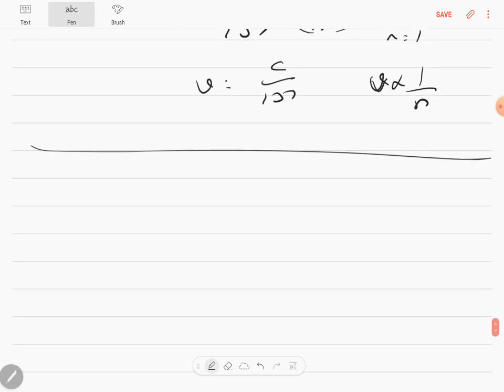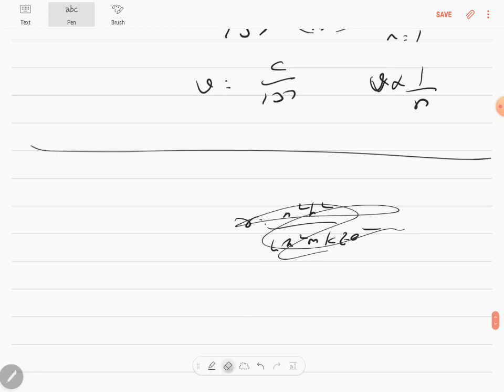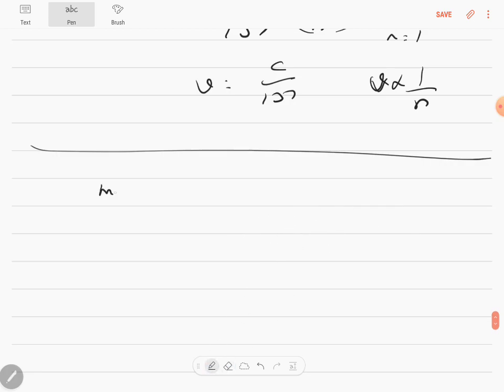I only remember R is equal to n square h square by 4 pi square m k z e square. So if I have to remember velocity, what do I do? I quickly write mv square by r is equal to k z e square by r square. R and r get cancelled. r is equal to k z e square by mv square. First equation.